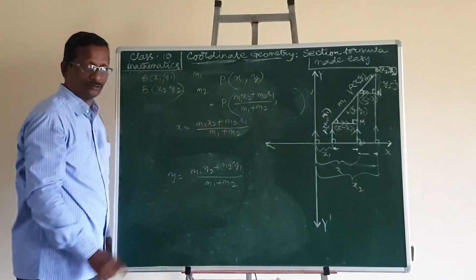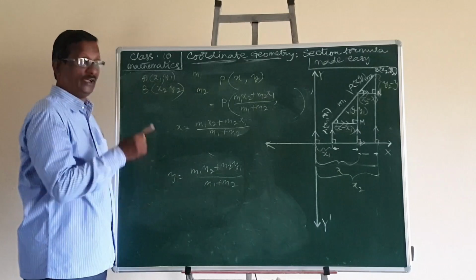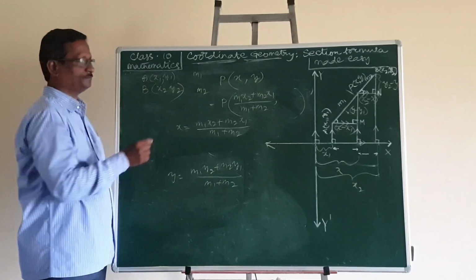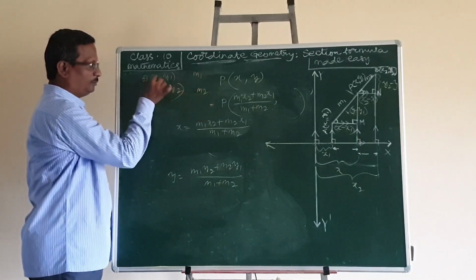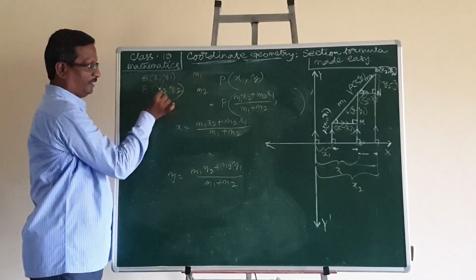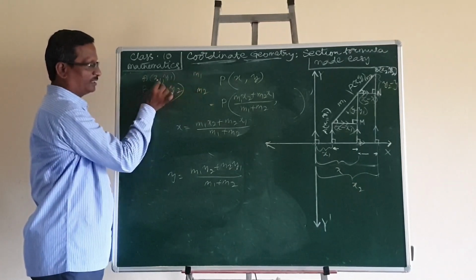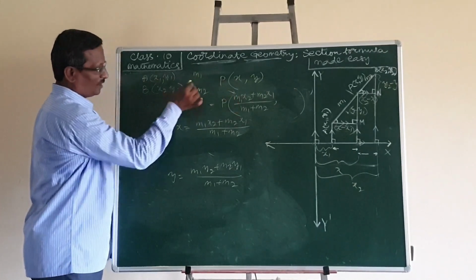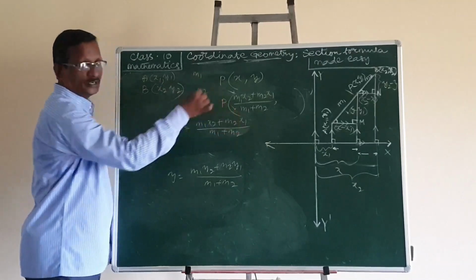To get the x coordinate, I did cross multiplication between m1, m2, x1, x2. m1 x2 plus m2 x1 is the numerator, m1 plus m2 is the denominator.